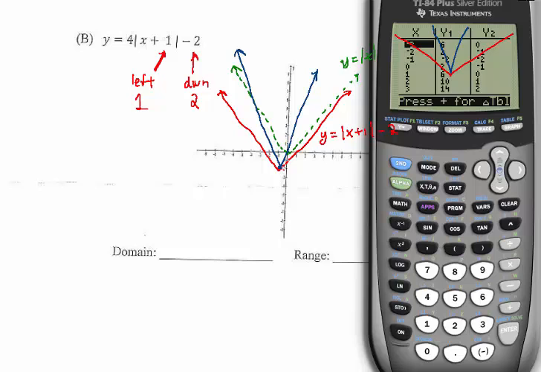Okay, and under the table, here are the values for y equal 4 absolute value. It's going to be our first y column. So this will allow you by hand to graph a more accurate absolute value curve. So the 4 kind of trips us up, and so you're going to need to use your calculator in these situations. But you should at least know how it affects the absolute value curve.